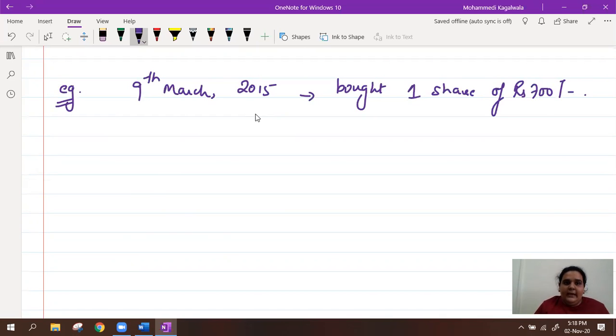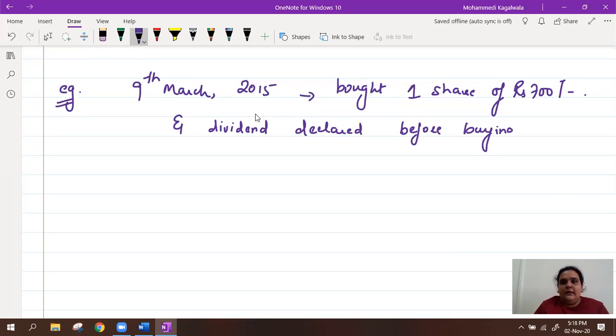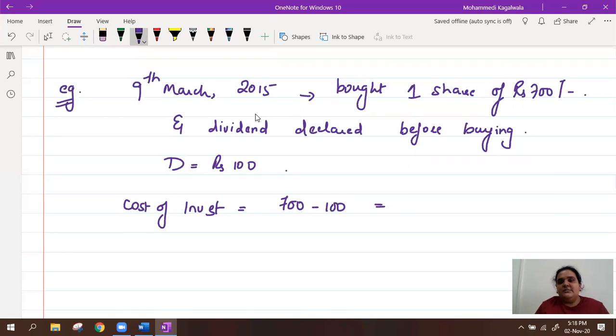And before I bought, a dividend on this share was declared before buying, and the dividend amount was rupees 100. So I can ideally say that my cost of investment is not rupees 700. It is 700 minus 100, which is 600 rupees. Ideally, this will be my cost of investment.